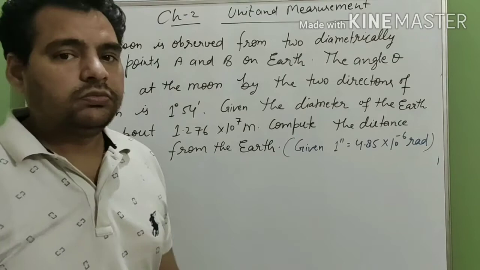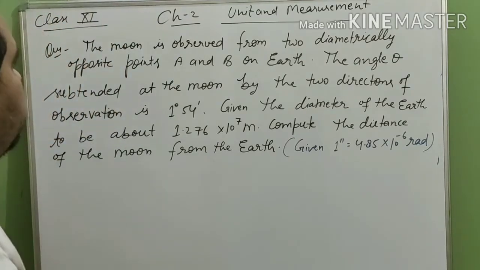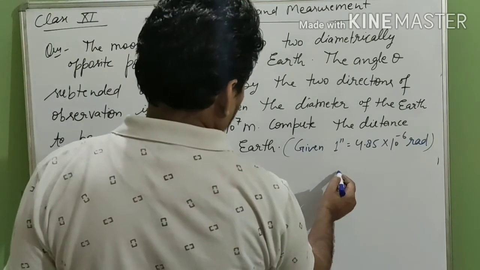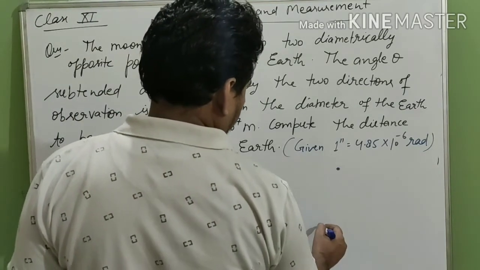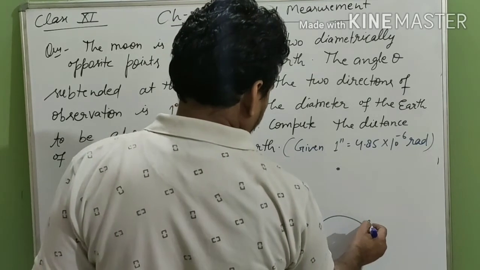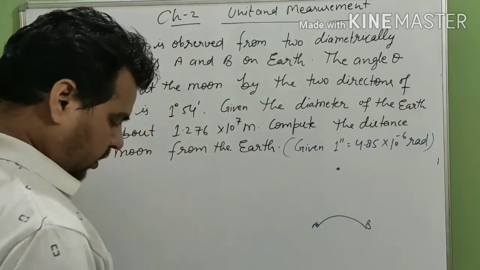So we solve the numerical problem. The problem is: the moon is observed from two diametrically opposite points A and B on the earth. The moon is observed from two different points A and B on the earth.